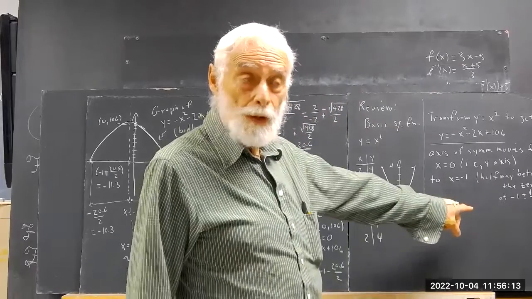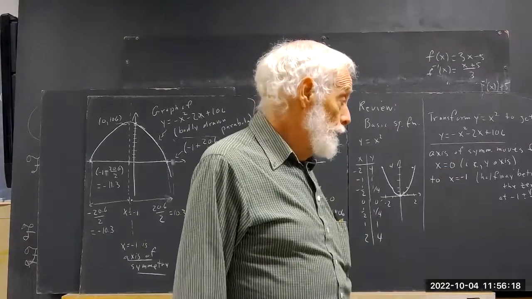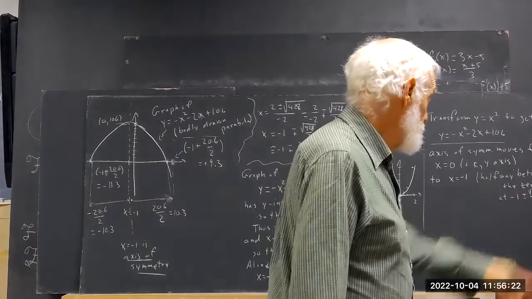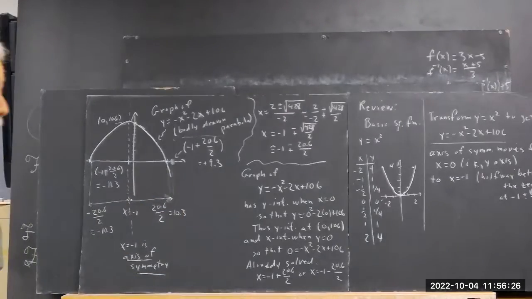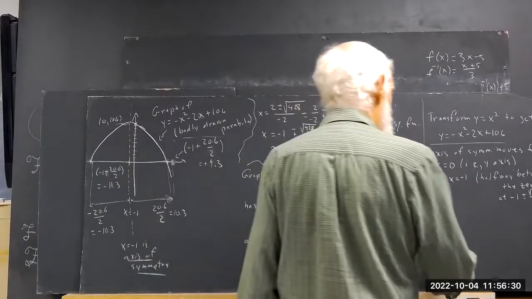Now that's where the zeros are. 10.3 is our approximation of the square root of 428 over 2. And that gave us this picture.